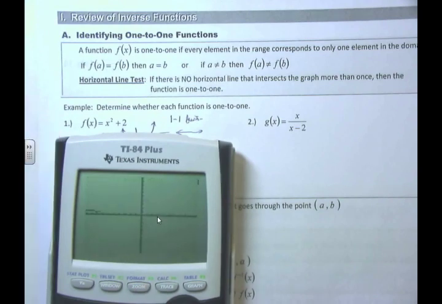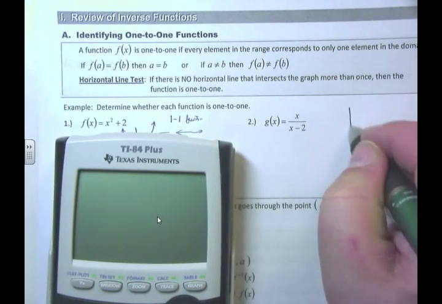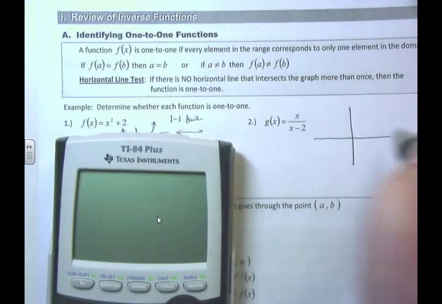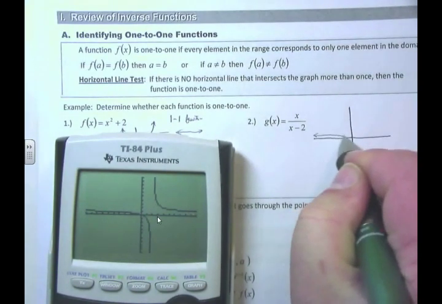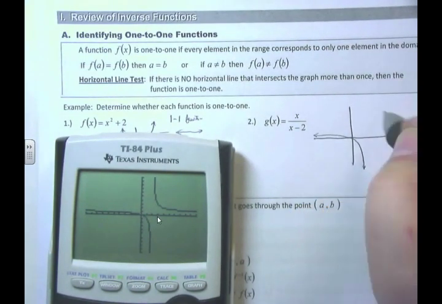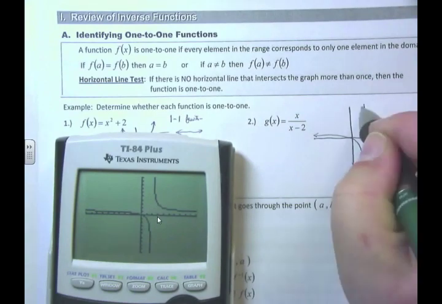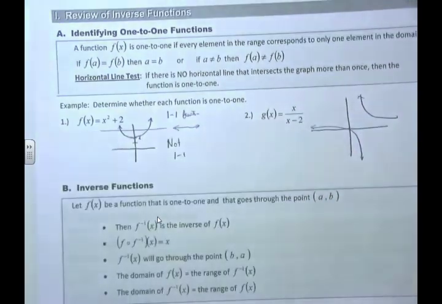And I'm going to hit zoom 6 here, and it looks like this. Oh, I'm out of battery power here. This is not good. All right. We typically call this guy a hyperbola. The question is, is this thing 1-to-1? Horizontal line.